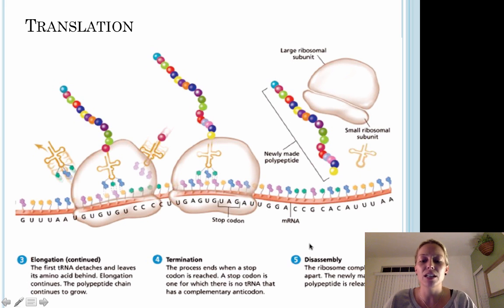Then we get to disassembly, where the ribosome complex falls off and the newly made polypeptide is released, ready to either be processed further in the endoplasmic reticulum or shuttled to the Golgi apparatus, where it gets packaged for export outside of the cell.